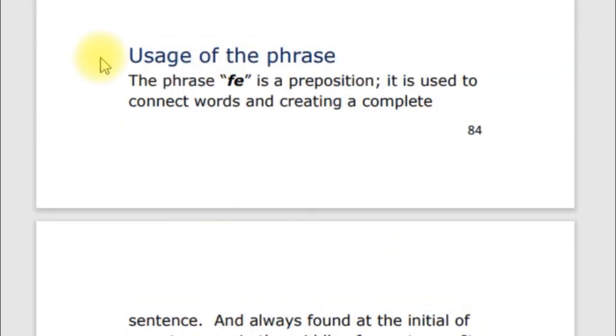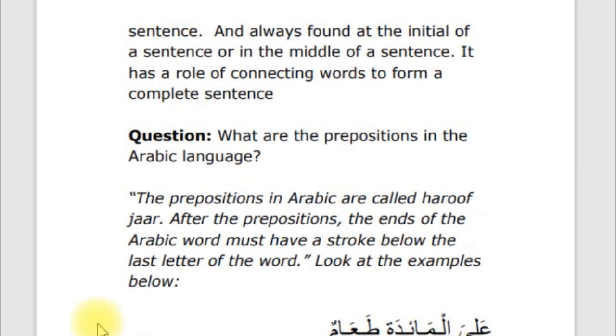Usage of the phrase. The phrase في is a preposition. It is used to connect words and create a complete sentence, and is always found at the initial of a sentence or in the middle of a sentence. It has a role of connecting words to form a complete sentence.